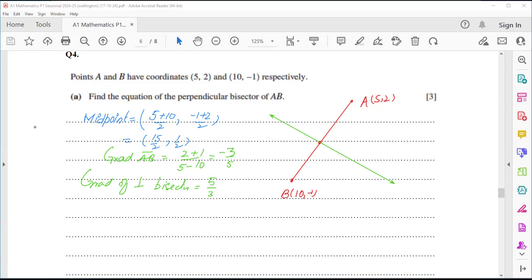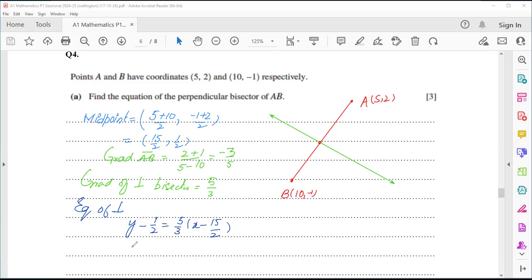So the equation of the perpendicular bisector will be y − y1, the midpoint is given, that is 1/2, equal to m times (x − 15/2), where m is 5/3, if I'm not wrong.